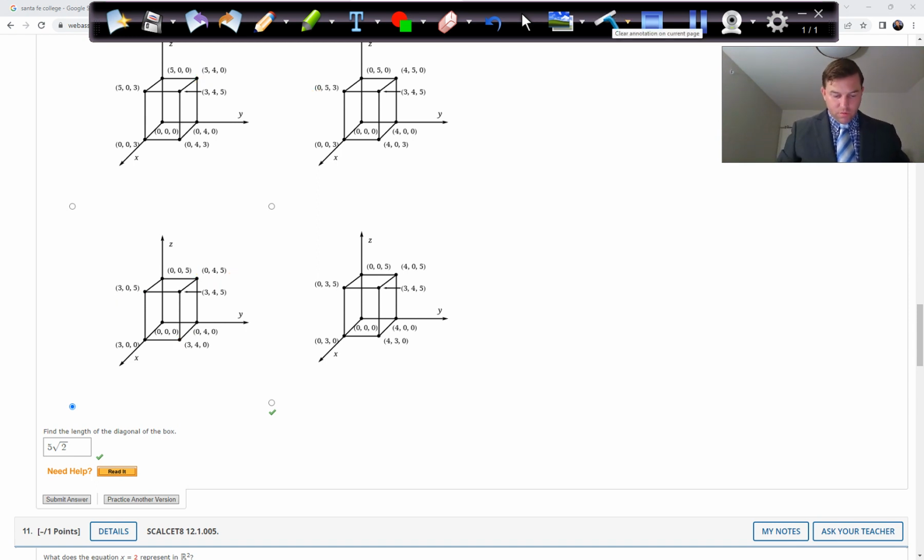Okay, now it says, find the length of the diagonal of the box. So the diagonal would be from the origin 0, 0, 0 to this point right here. So it's this blue distance right here.